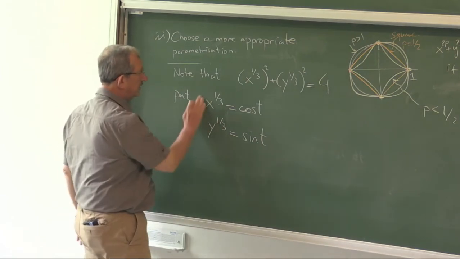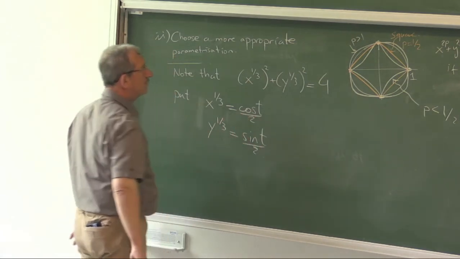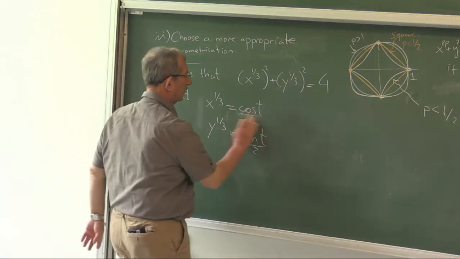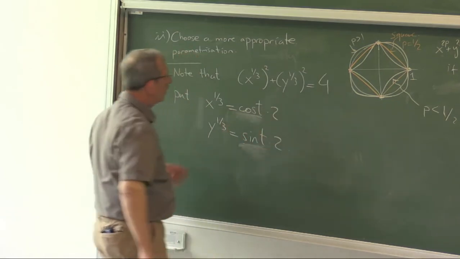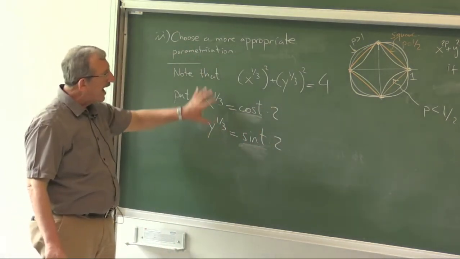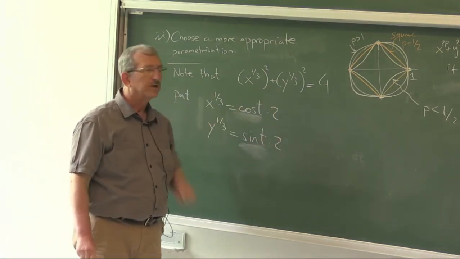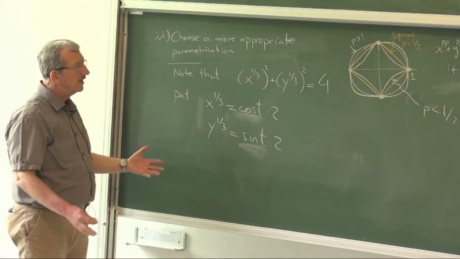When you square these things and add them, clearly you get the squares added. It will give you 4.